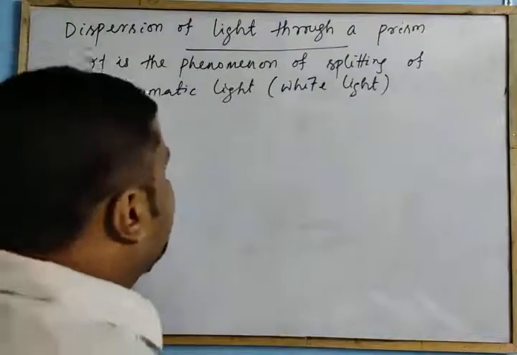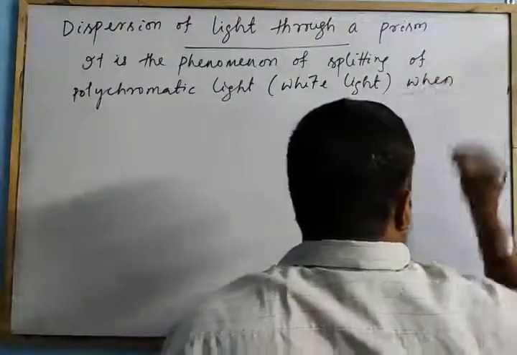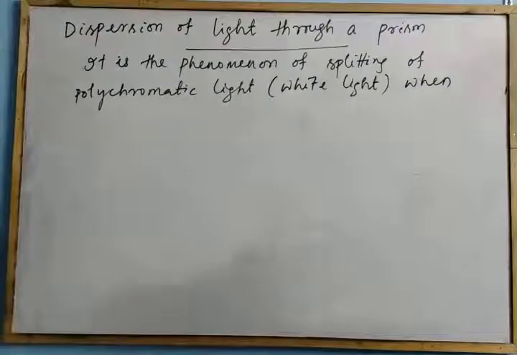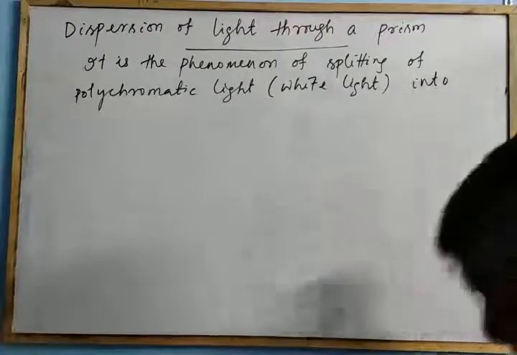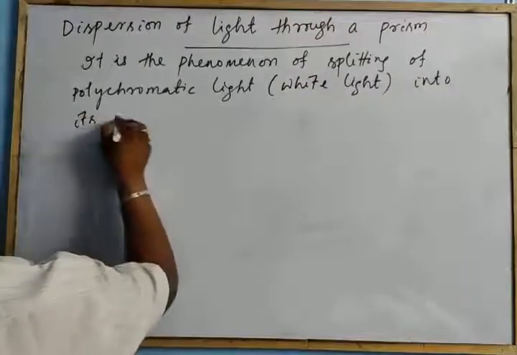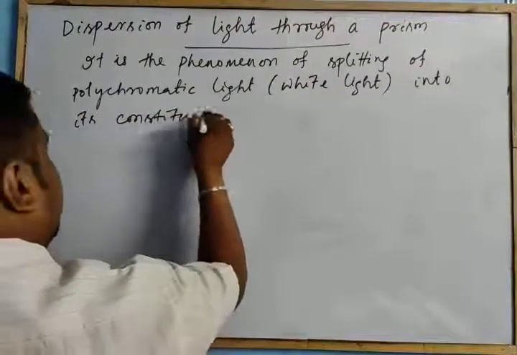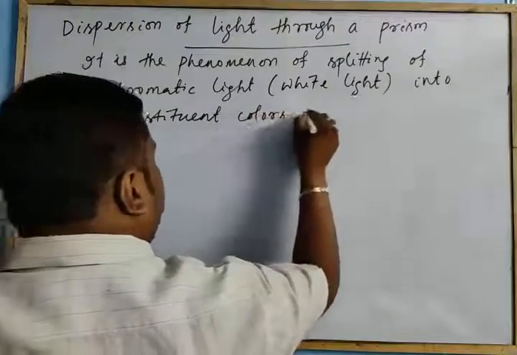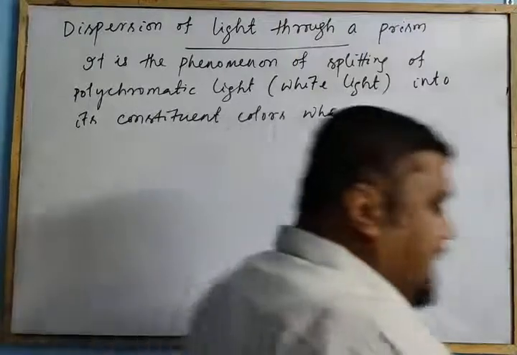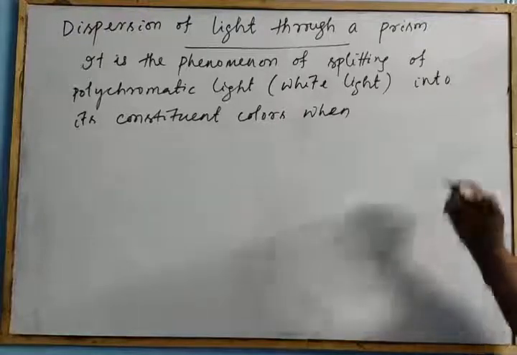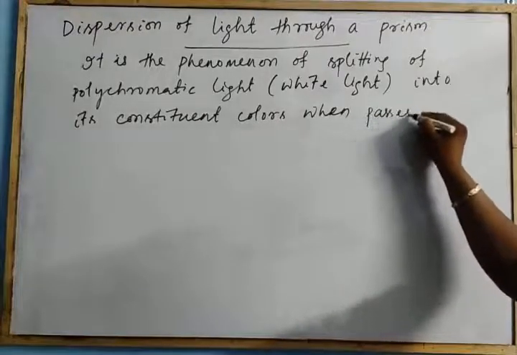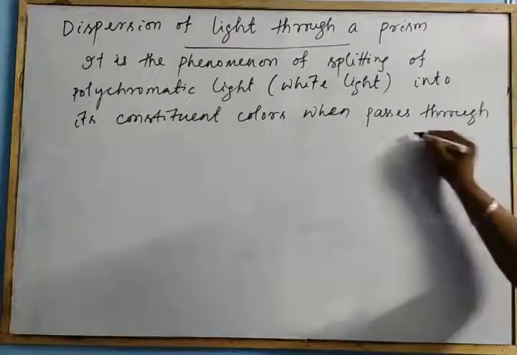It is the phenomenon of splitting of polychromatic light into its constituent colors when it passes through a prism.